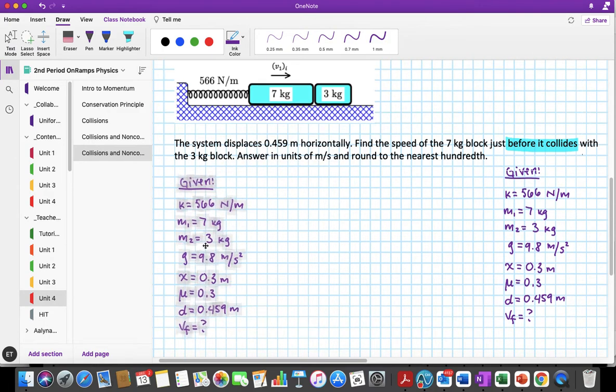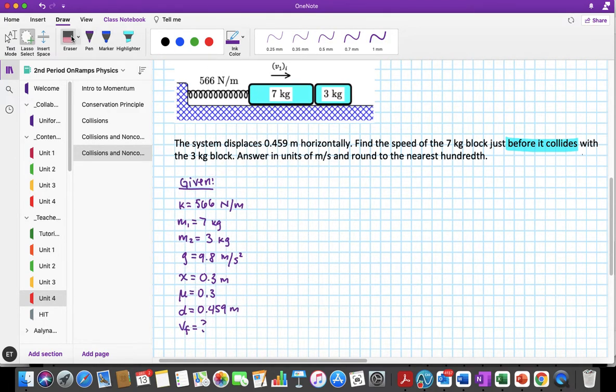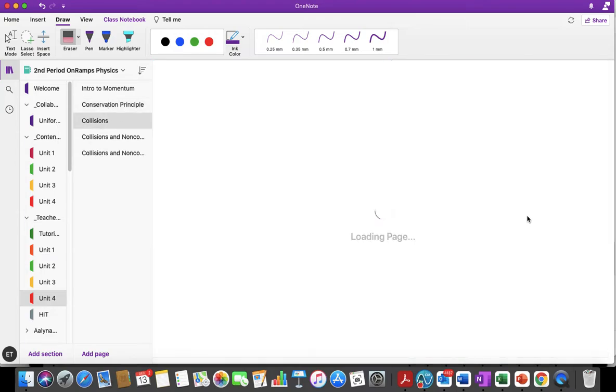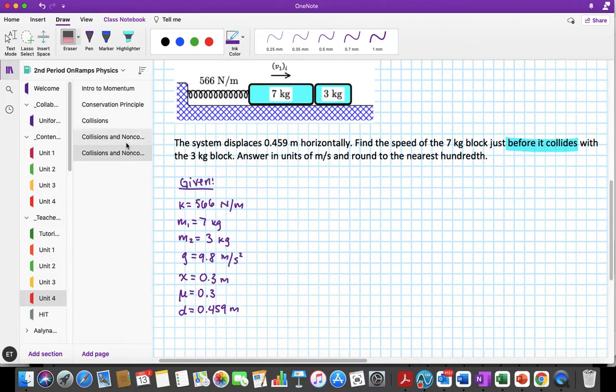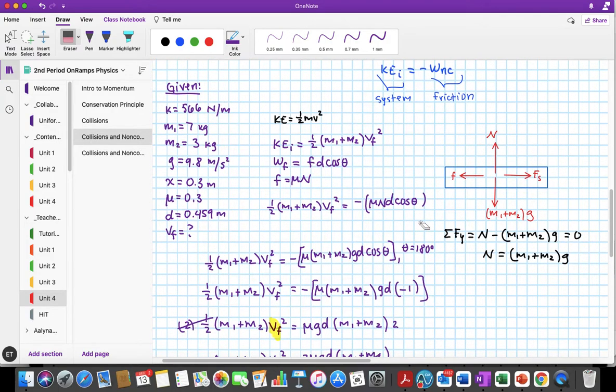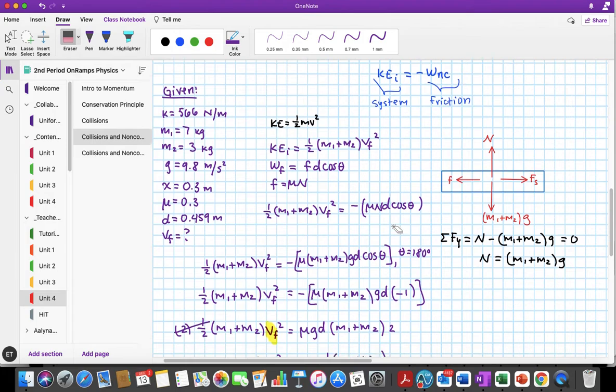Okay. So we have the given, and before we write down the question, we have an inelastic collision, because they stick. And we said that we cannot use this table, just like that, if we have net external forces acting on the system. The cool thing is that for the previous problem, we already included that external force because it was friction.